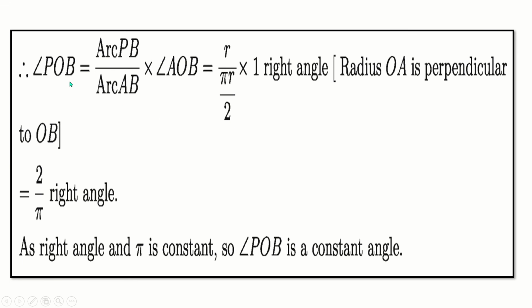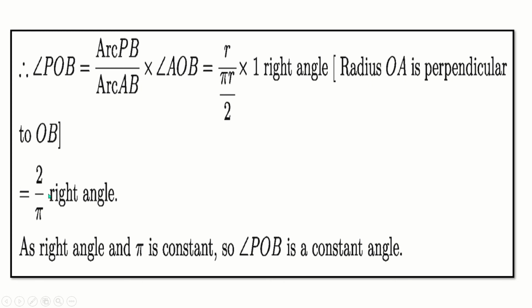Now putting the values here, angle POB is equal to arc PB divided by arc AB into angle AOB. But arc PB is equal to r, arc AB is pi r by 2, and angle AOB is equal to one right angle. Here r cancels and this becomes 2 divided by pi into right angle.